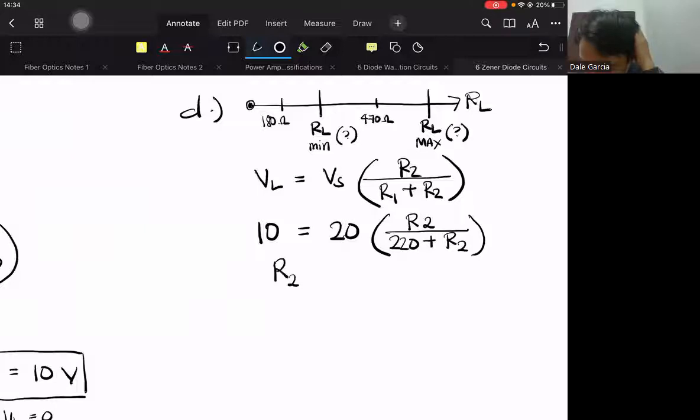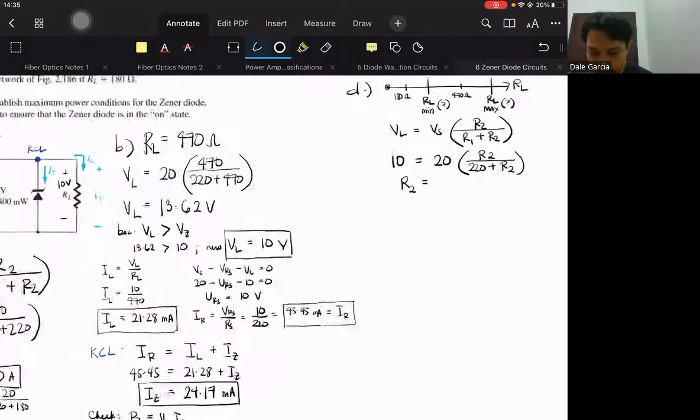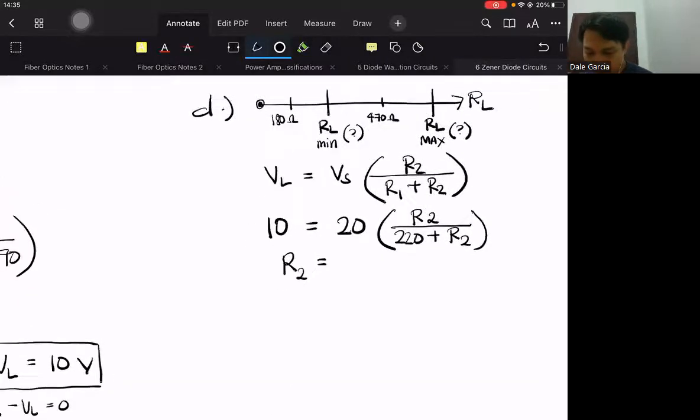Therefore, R2 is equal to, you could use algebra to extract the value, or you could use your calculator's shift solve. So 10 is equal to 20x over 220 plus x. Shift solve. R2 is equal to 220 ohms.